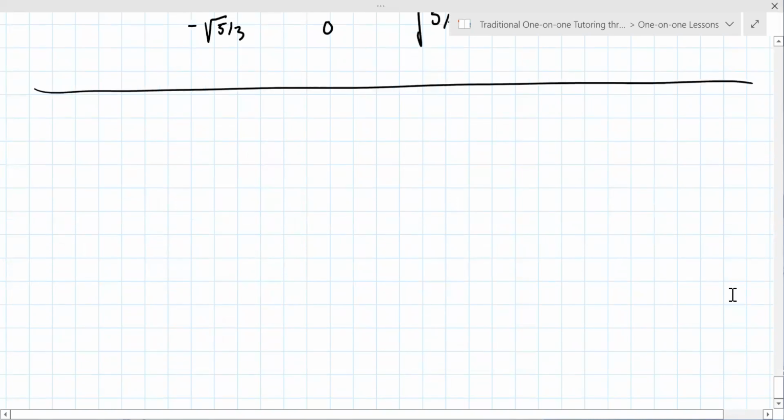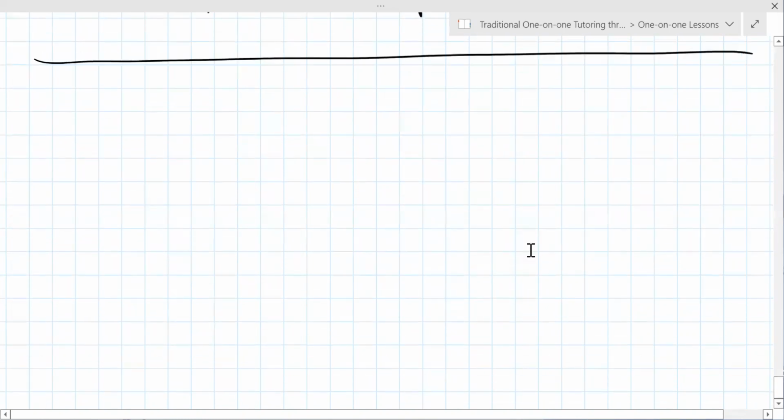Send this one first. If we have time, I'll send you another one. I've just never seen a problem like this in class. Yeah, they assign web work, then they cover other stuff in class. It's insane.